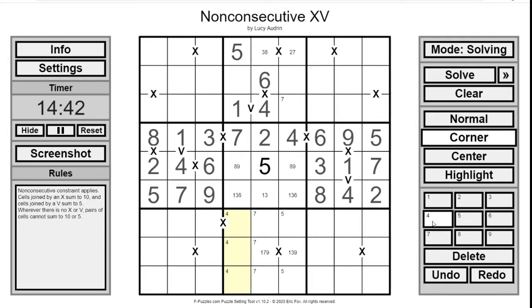Four we can get down as well. Alright, let's look at non-consecutive a bit more. See if there's anything spottable. Nines being only restricted by 8s is interesting.